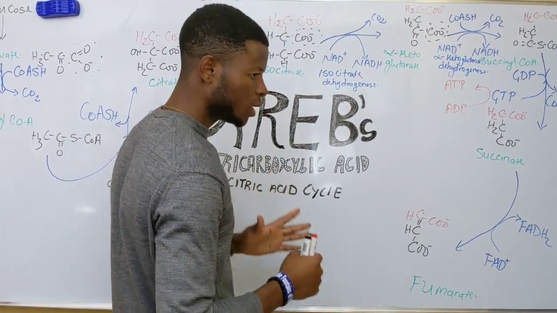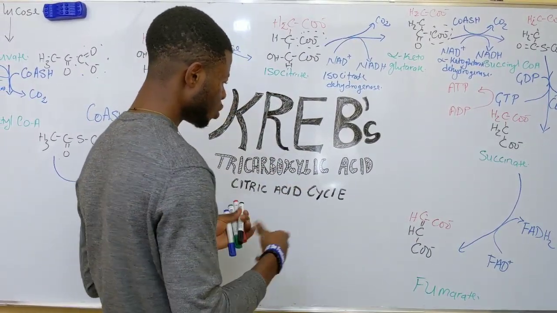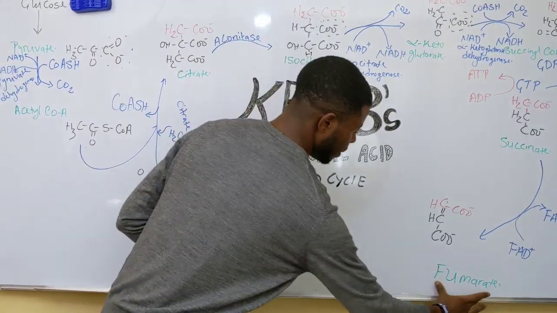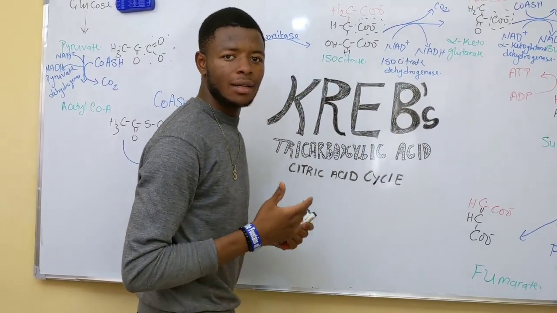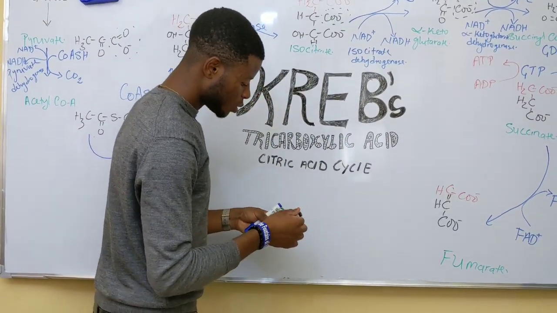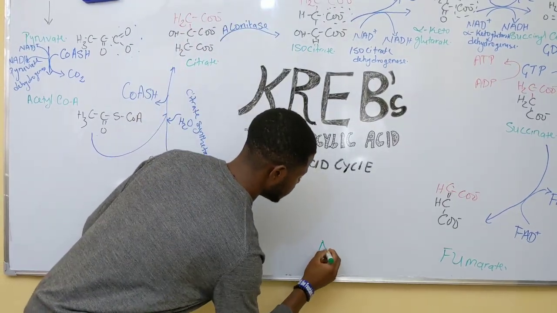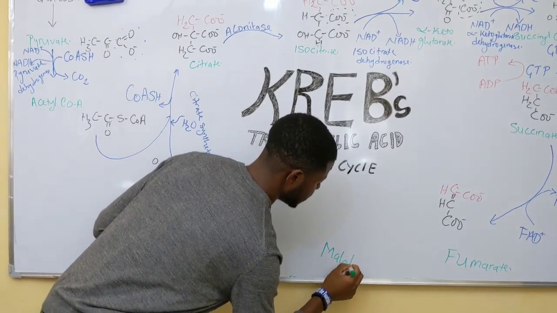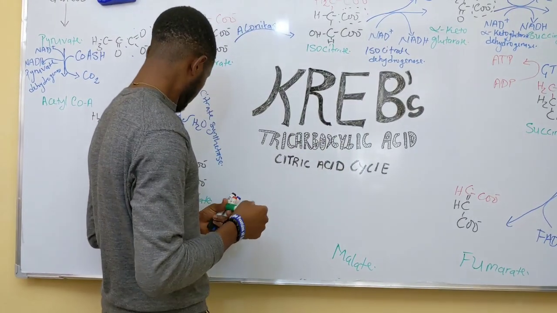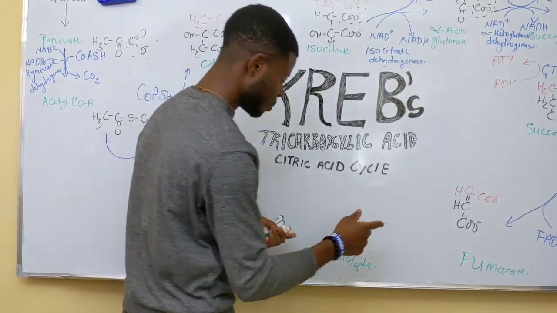What else? What next? That is the next question. So we move to the next thing. From fumarate, I'm going to form another chemical compound, which is going to be called malate. I'll form malate. Now, from malate, I'm supposed to have this.